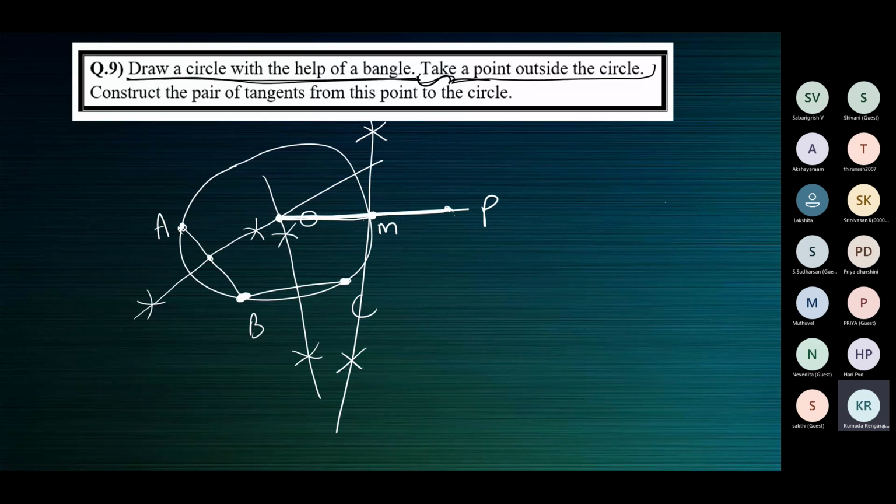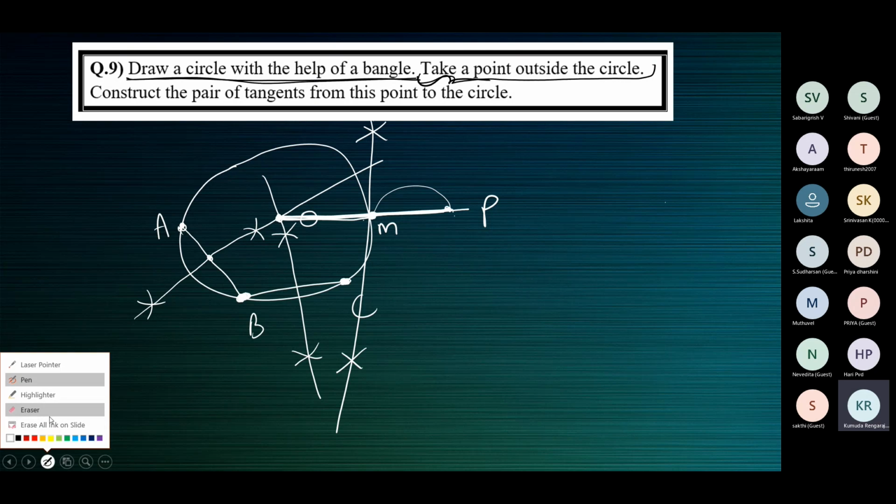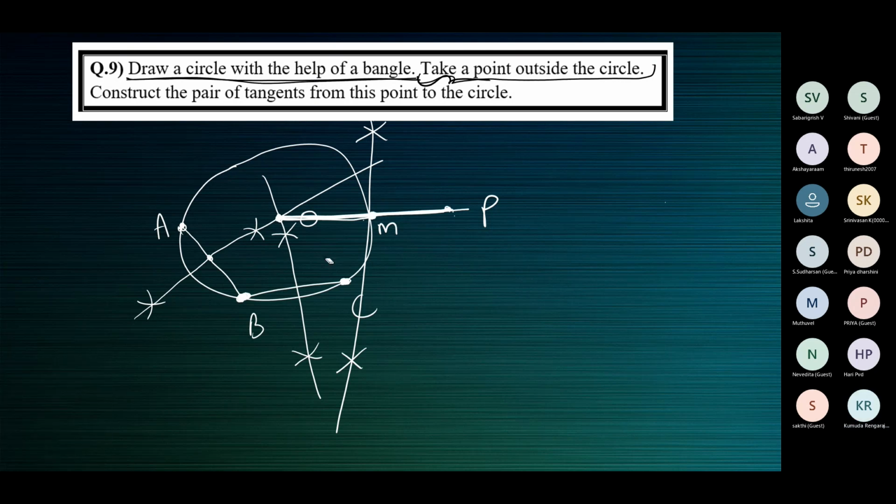Because you're taking M as center and MP as radius, the circle will pass through O and P. So it will be a circle like this. Clearly OP will be the diameter of the circle, M being the midpoint.